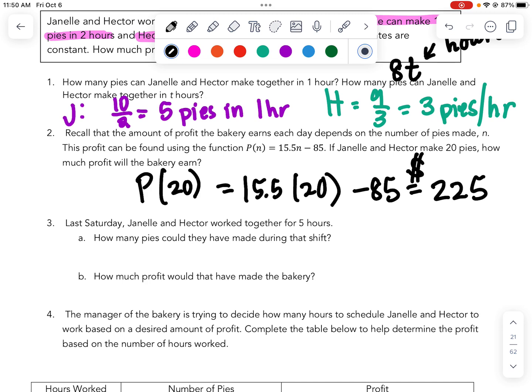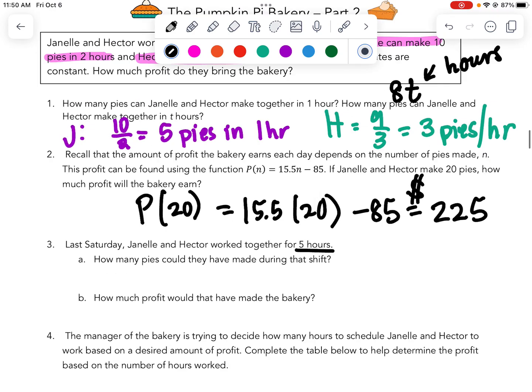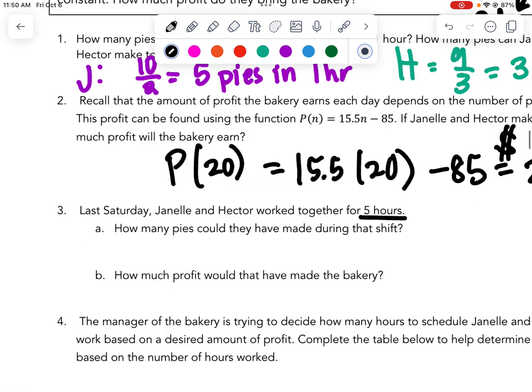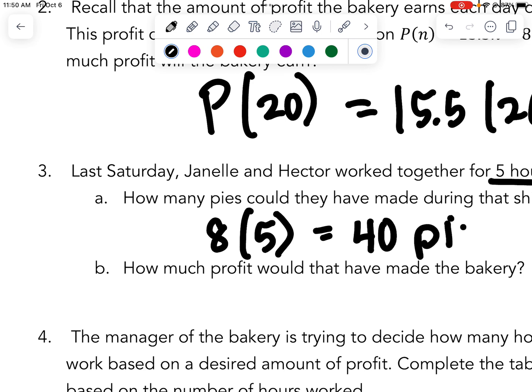There it is. Okay, it says last Saturday, Janelle and Hector worked for 5 hours. How many pies could they have made during that shift? All right, so the number of pies per shift was 8 pies per hour. So 8 times 5 would be 40 pies. What would the profit be?